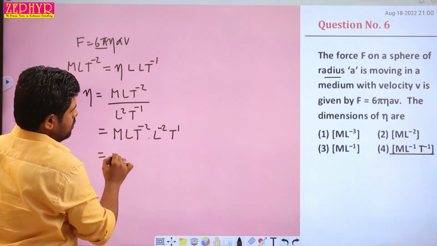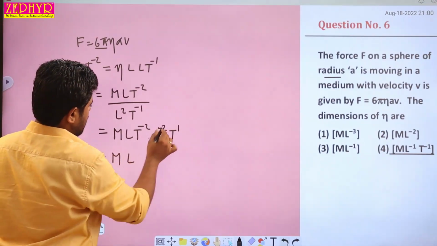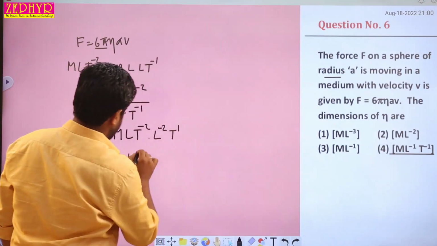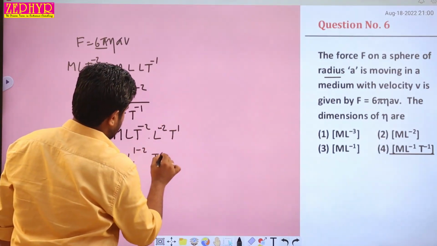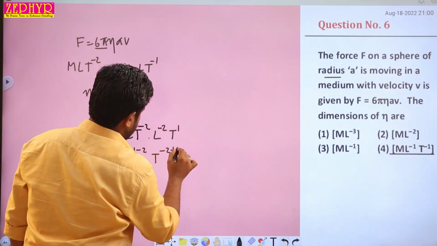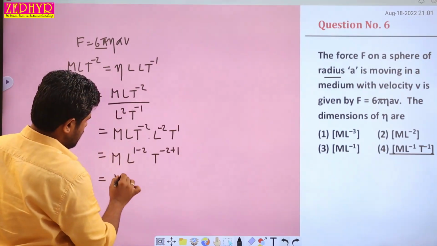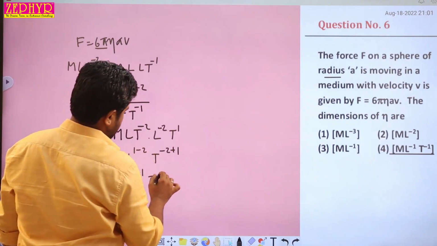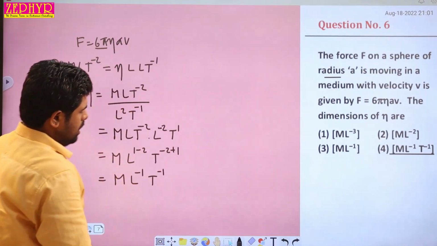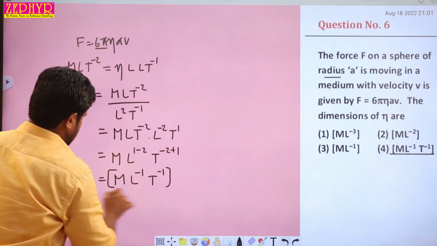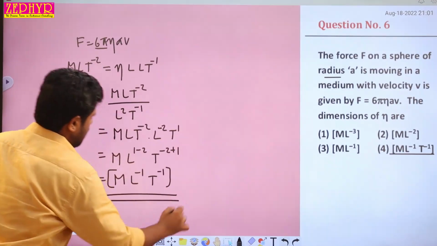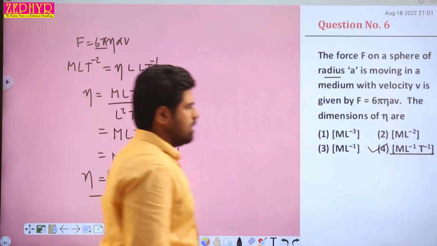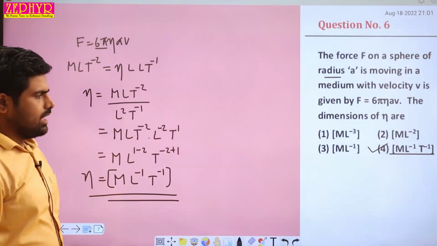So it is equal to m L raised to 1 minus 2, t raised to minus 2 plus 1. So the result is m L raised to minus 1 t raised to minus 1. So the dimension of eta is m L raised to minus 1 t raised to minus 1. So here option 4 is the correct answer.